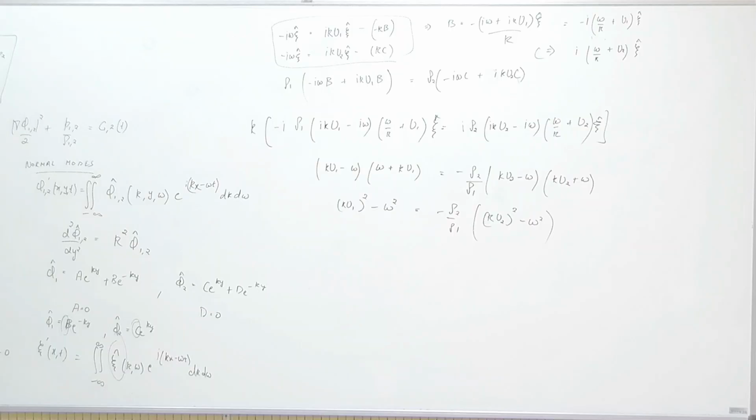There is no omega term. Let me see carefully. There should have been an omega term, I think. It should have been basically, this should have ended up to be a quadratic. I hope I didn't screw up minus signs.